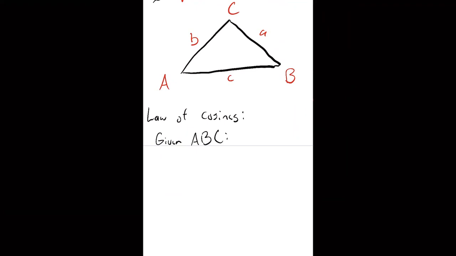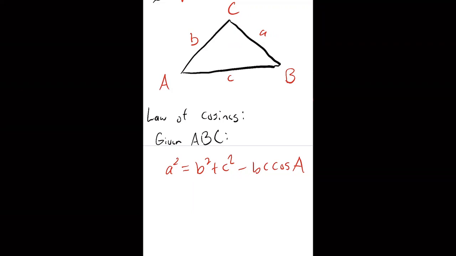This states that a squared is equal to b squared plus c squared minus 2bc times cosine of angle A. And then we're going to have this relationship for every side.